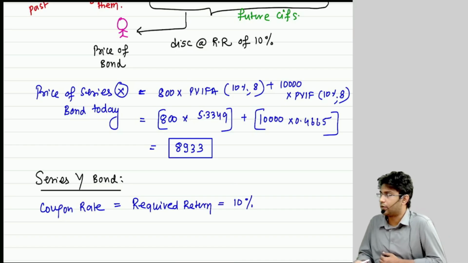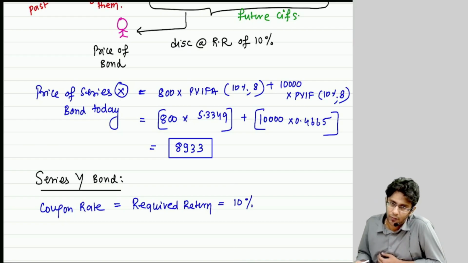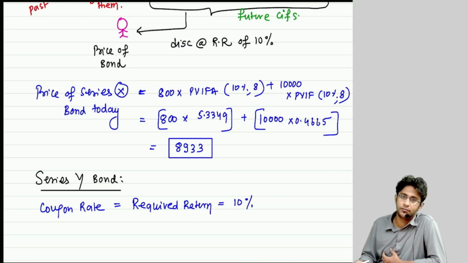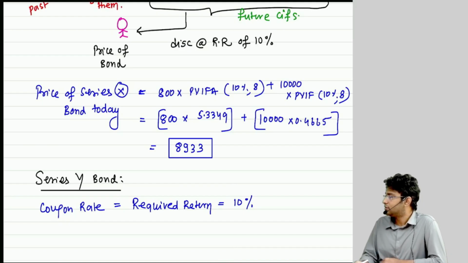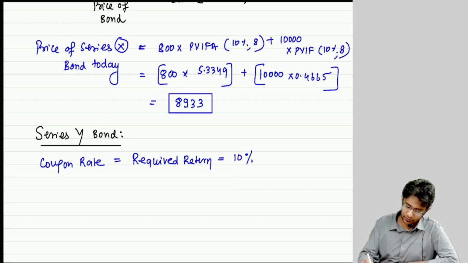Since the coupon rate and required return are both the same, what will happen to the bond price? The bond trades at par value. That's it. Sir, do I not need to compute? You have to compute, but you should know the answer beforehand because you're smart.